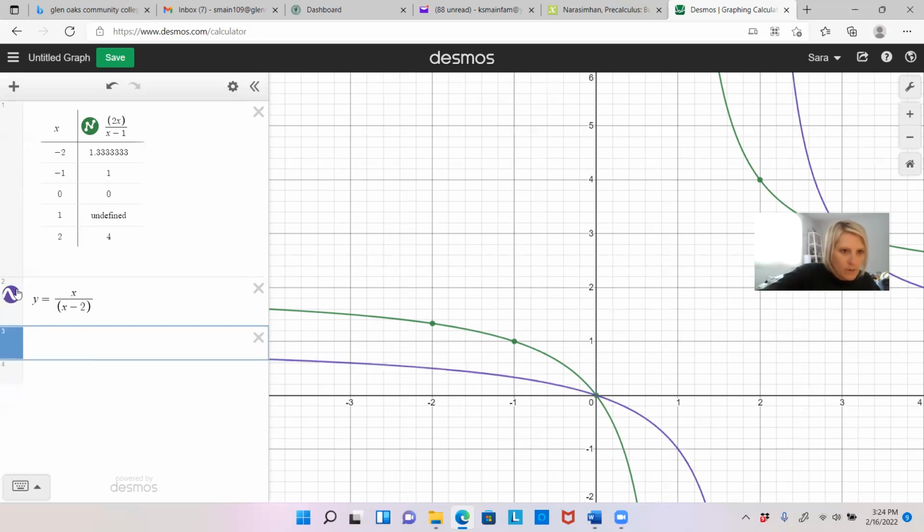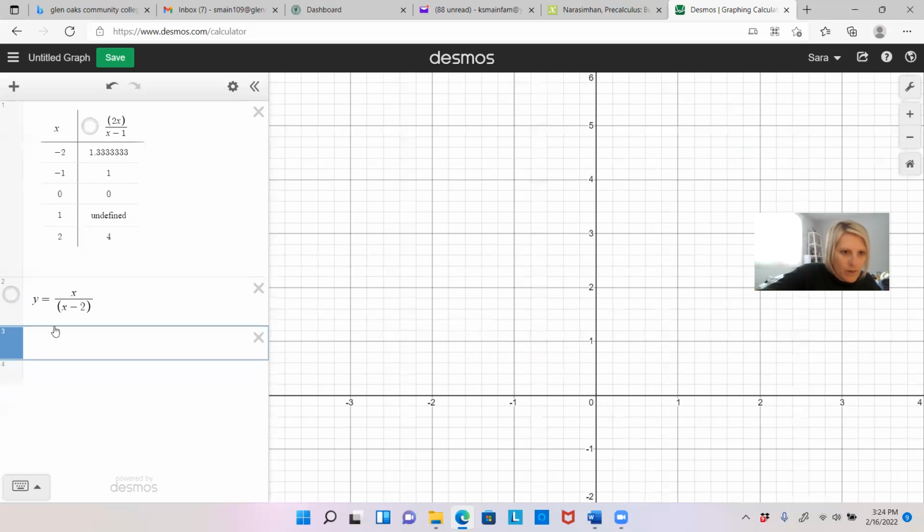Let's turn those off. And let's just make a note here. So let's go back and look at 49, for instance, here. So 49 was y equals x minus 1 squared.